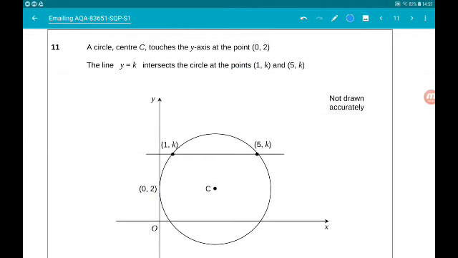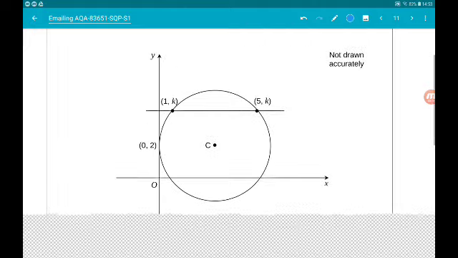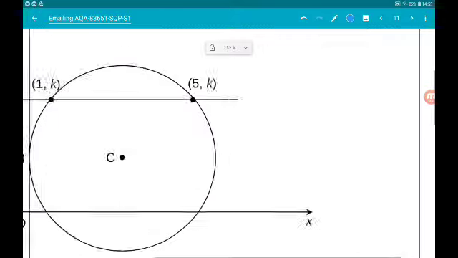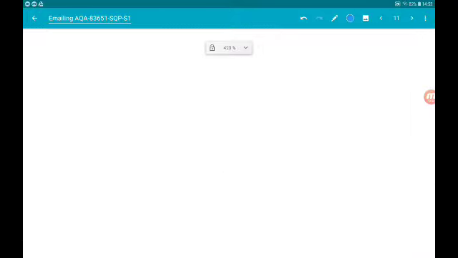Question 11, we're dealing with equations of circles. So a circle centre C touches the y-axis at 0, 2. The line y equals k intersects the circle at points 1, k and 5, k. Our job is to work out the equation of the circle. So, little recap.